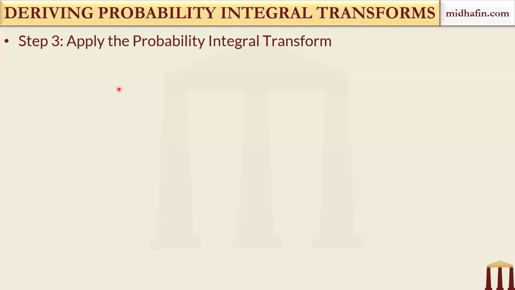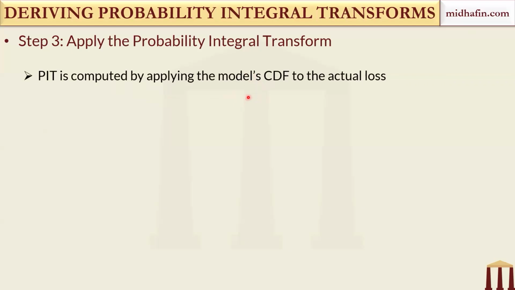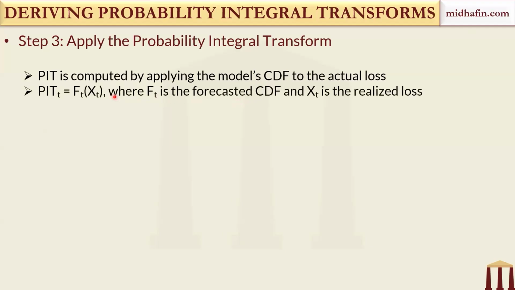So once you have your predicted distribution and your observed loss, you apply the model CDF to the actual loss to calculate the PIT value. For each day small t, you plug the realized value xt into the CDF capital F, which you write like this, Ft of capital Xt, and this gives you a number between 0 and 1, telling where the actual loss lands within your predicted distribution.